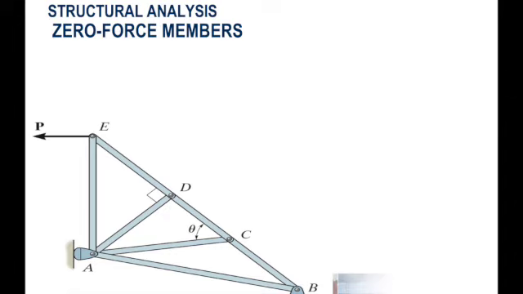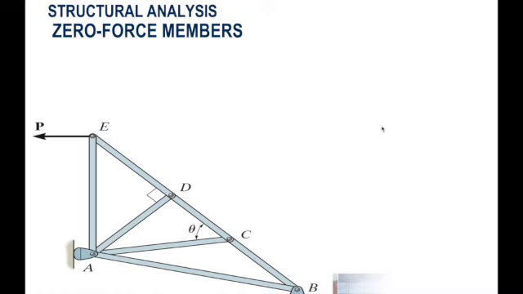Again, no external loading. So joint E, can you use our rule 1 to identify which are zero force members? No, because joint E is composed of two members, but there is an external load. So forget about the first rule since there is an external loading.